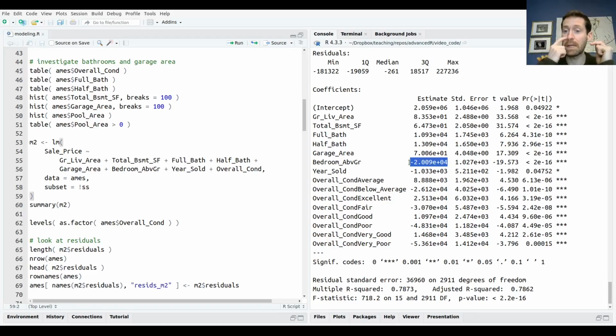But what you need to remember when you're doing multiple linear regression is that the interpretation of each coefficient is the effect of that variable while holding all other variables constant. And an important one in this model is the total size of the house above ground. So GrLivArea is in the model.